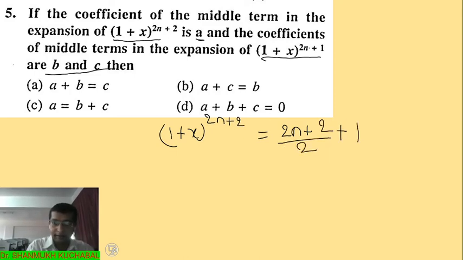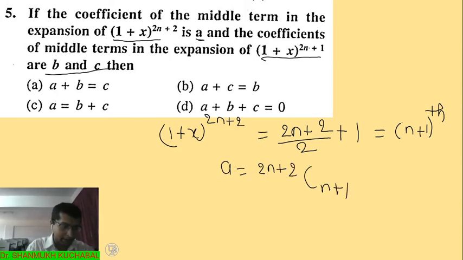If we simplify, 2 gets cancelled, it is the n plus 1th term. Further we get a as 2n plus 2 C n plus 1.